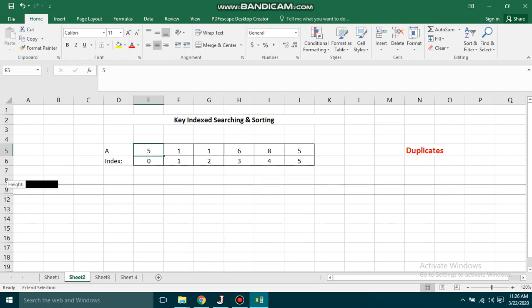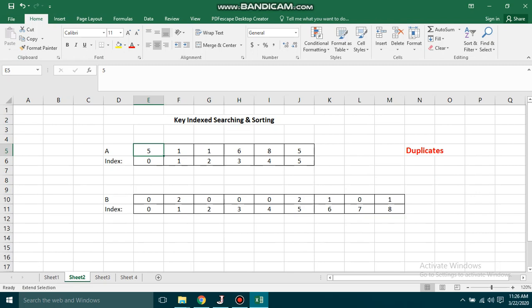So what we can do is, instead of having one, we are going to have a value of 2 when a value appears more than one time, or 3 and so on. For example, here we have 5 two times, so my index 5 will contain 2 instead of 1. Similarly, 1 has appeared 2 times, so it will have 2 as its value, not 1 like previously, and likewise for 6 and 8.